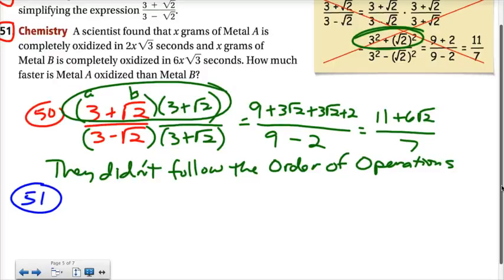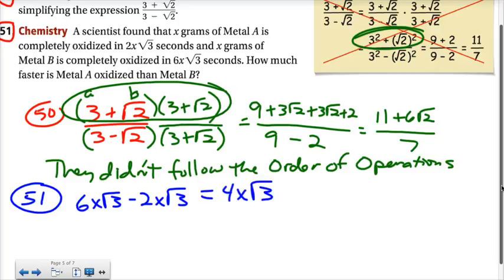That's what it means when they say how much faster is metal A than metal B. So what we would need to do is subtract these two. 6x square roots of 3 minus 2x square roots of 3. 6x minus 2x, because we do have like radicals, is 4x square roots of 3. So how much faster? 4x square roots of 3 seconds. We always make sure we put a label on that so that it makes sense when somebody takes a look at our answer.